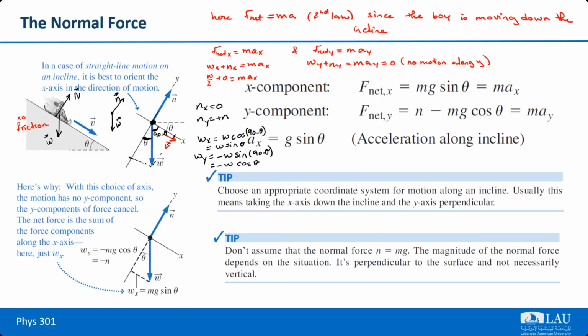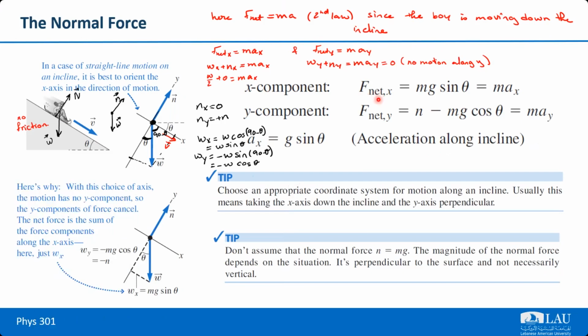Now I can use Newton's first and second law to find the acceleration of this boy as he slides down the incline. So, as usual, I apply Newton's law along the x and y directions. Along the x direction, you can see it's written for us here.